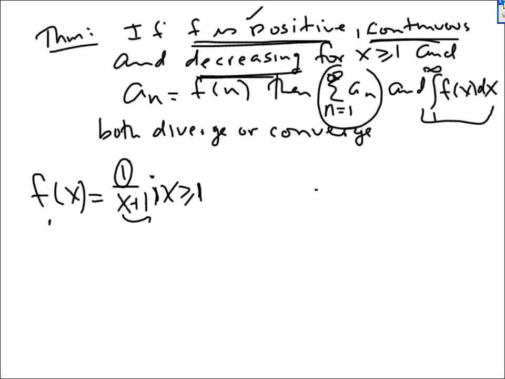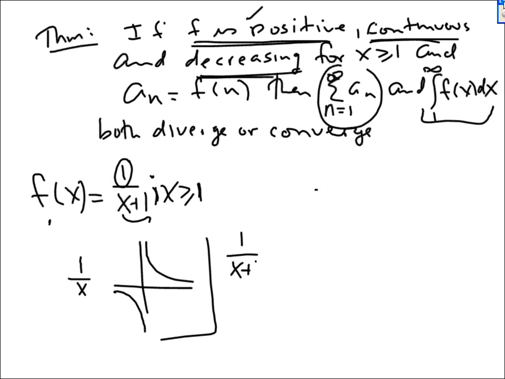It's continuous because you should know that 1 over x looks like this, and 1 over x plus 1 has the bottom equal to 0 at negative 1.